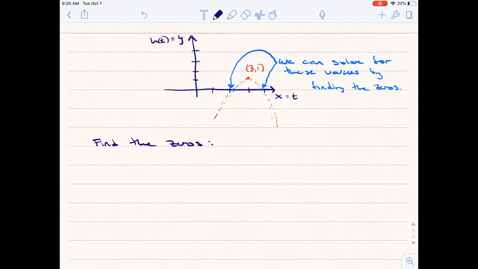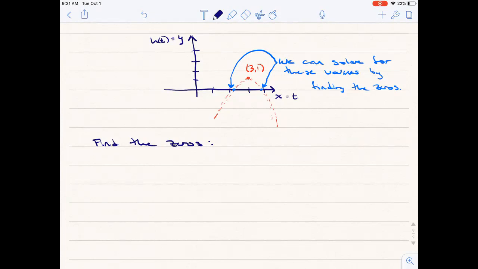You could factor this and find the zeros that way. For me, I always go straight to the quadratic equation. I don't really see the point in trying to factor, and then you have to check your work, and oh no, I did it wrong. It might just be that I don't like factoring, but if you like factoring, that's great.